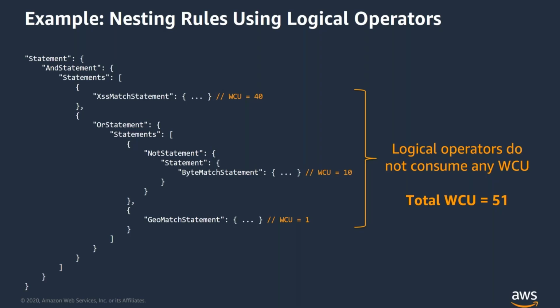So for example, the cross-site scripting detection uses 40 WCU, the byte match statement uses 10 WCU, and the country match statement, or geo match statement, uses 1 WCU. Combining all this, it will consume 51 WCU in total. The logical operators themselves do not consume any WCU.